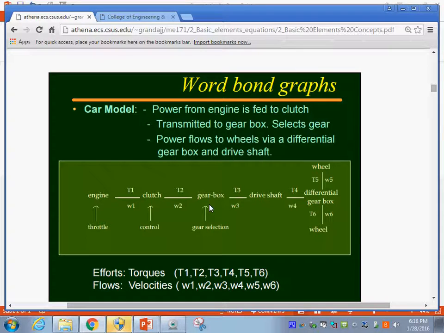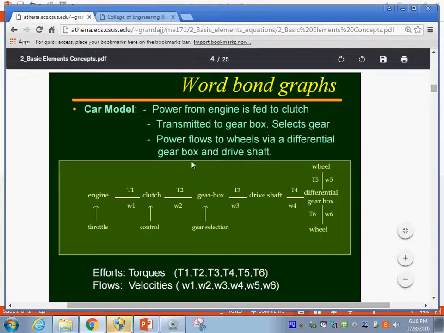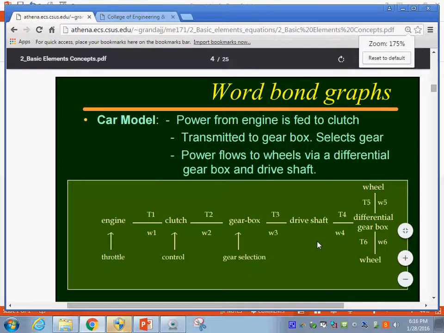Okay, when you switch into one gear, it goes maybe slower, but has a lot of torque. Or you switch to another gear, it goes faster, and so on. So you get to the drive shaft, and then the drive shaft connects to the differential gearbox, and that differential gearbox connects to the wheels.